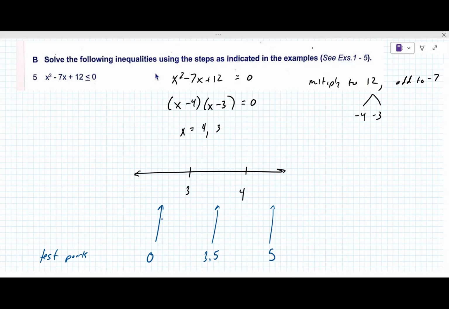Okay, for the 0, minus 4 and 0 minus 3, I got 12, positive 12. Okay. So positive.